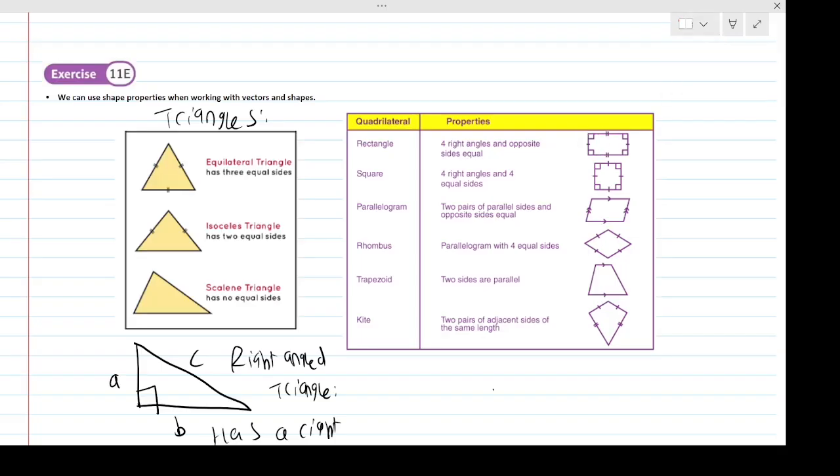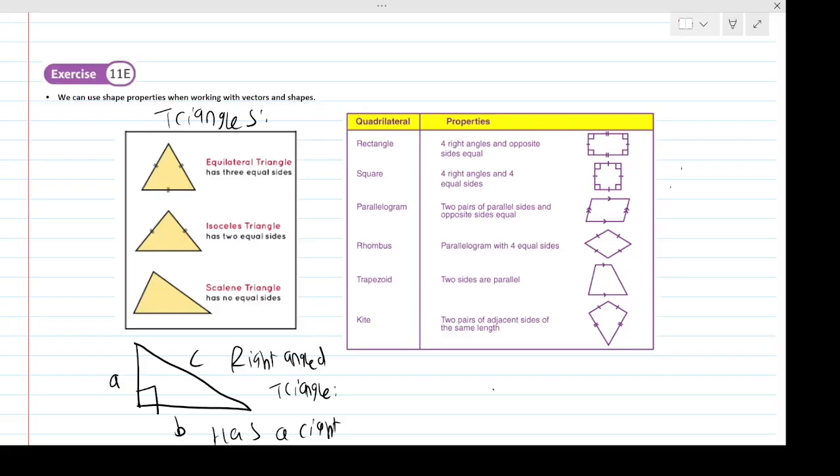So if you have two pairs of sides that are the same, you then need to check that there's a right angle between them. A square is a type of rectangle, but instead of just two pairs of sides being the same, all the sides are the same. And it's right-angled as well.